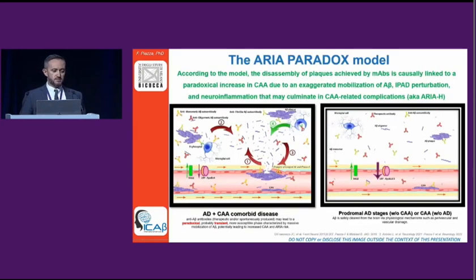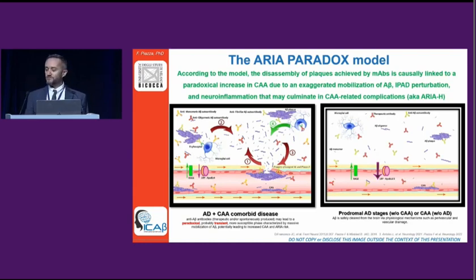And also, these data confirm the ARIA paradox model that we presented, I think, in 2014 at the AIC in Copenhagen. According to this model, the disassembly of plaques achieved by MABs is causally linked to a paradoxical increase in CAA due to an exaggerated mobilization of beta amyloid, IPAD perturbation, as we learned from Roxana, and neuroinflammation, microglia activation, that can culminate with ARIA-H.